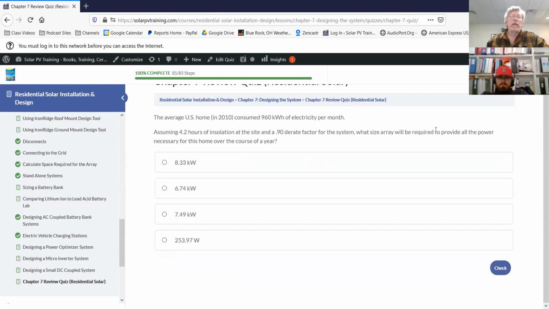The average home in 2010 consumed 960 kilowatt hours of electricity per month. Assuming 4.2 hours of insolation at the site and a 90% derate factor, basically meaning your system is 10% inefficient, what size will the array be to power this home? Well, we're saying it's 960, 4.2.